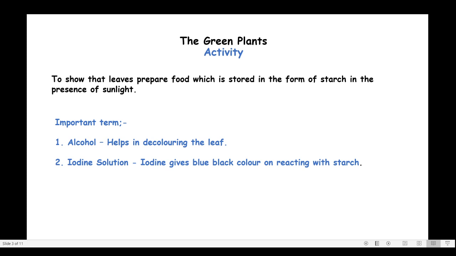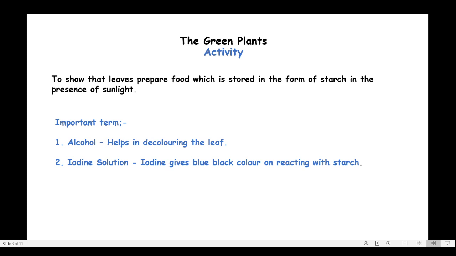Whatever food items contain starch, how do we come to know that they contain starch? When you put a few drops of iodine solution on the food and the iodine gives a blue-black color, we say that starch is present. If iodine does not give a blue-black color, then starch is not present in the food.